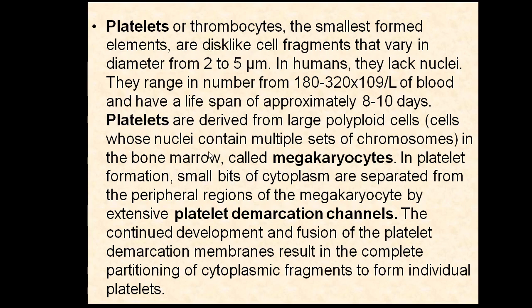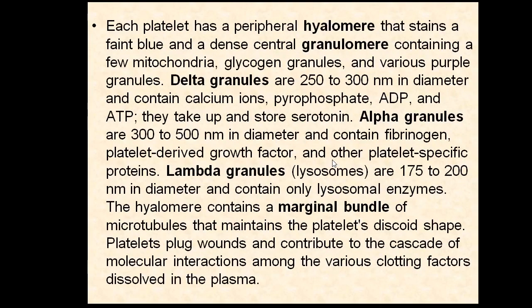Part of the cytoplasm of these cells is demarcated by demarcation canals from the large cell and goes to the periphery. That's why a platelet has no nucleus, most organelles, and has only granules. Granules are of three types: alpha, delta, and lambda.